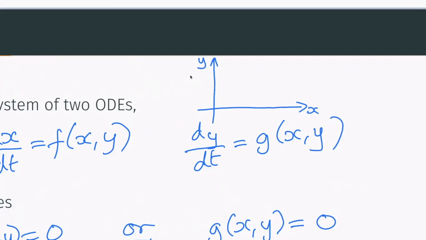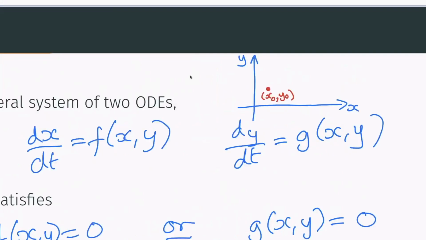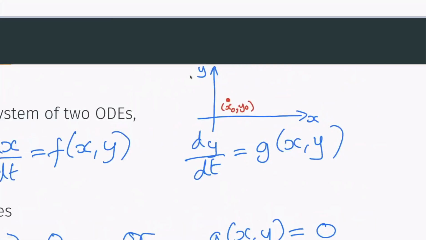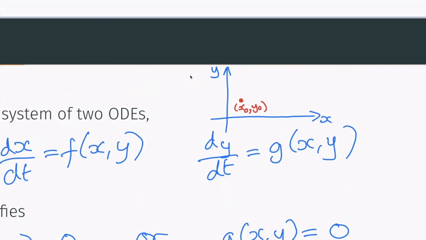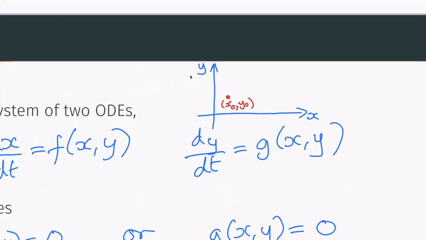Assume we are at some point here, with some value for x and some value for y, some coordinate x0, y0. At that point in our two-dimensional plane, we have a value for dx/dt and a value for dy/dt, and that's telling us some rate of change.